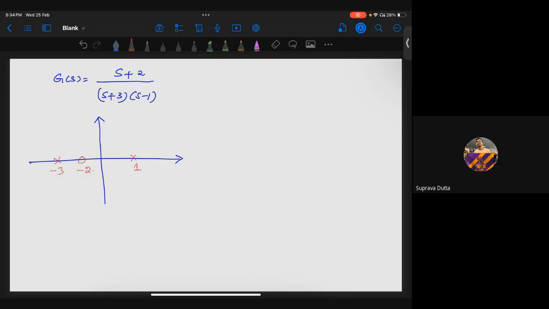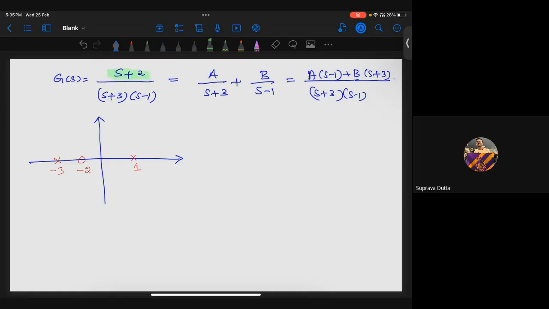Why? Because this function I can write as a by (s plus 3) plus b by (s minus 1), correct? Using partial fractions, this is a multiplied by (s minus 1) plus b multiplied by (s plus 3), correct? Now on both sides, what do we have in the numerators?